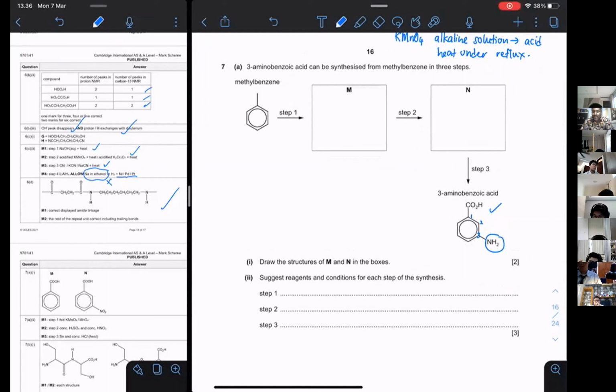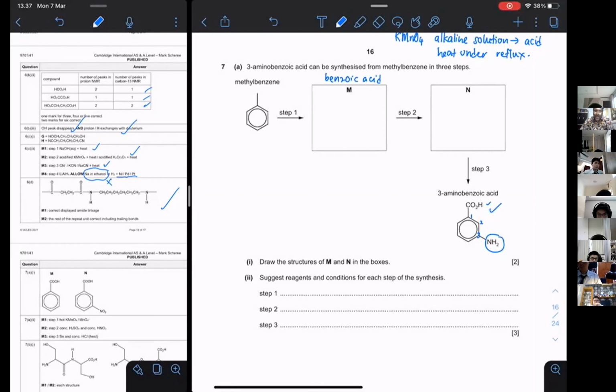So this is giving me the idea that first I need to change it into benzoic acid. And benzoic acid, this COOH group, is the one that will be position 1, 3, 5 directing. So that is the only way.